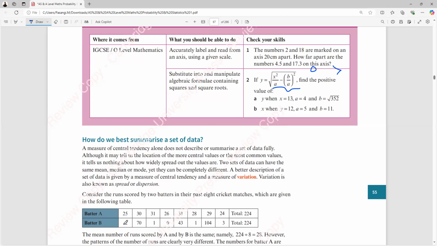We have another set of data, 27, 10 and so on, but it's also equal to a total of 225.